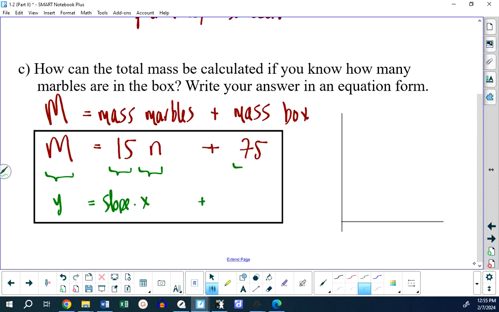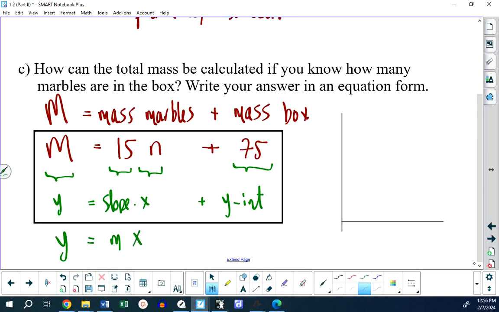And what's this? This is the y-intercept. And that's always going to be the case for linear relations. So we're going to get y equals the slope times x.